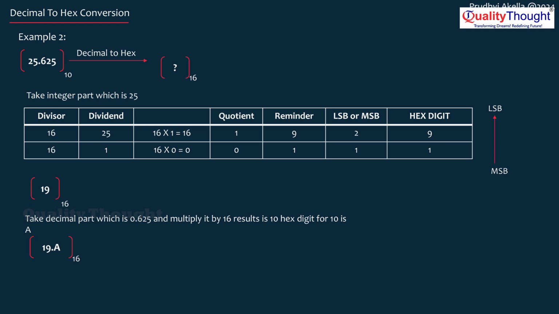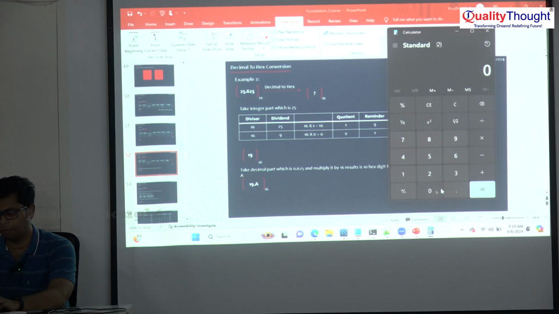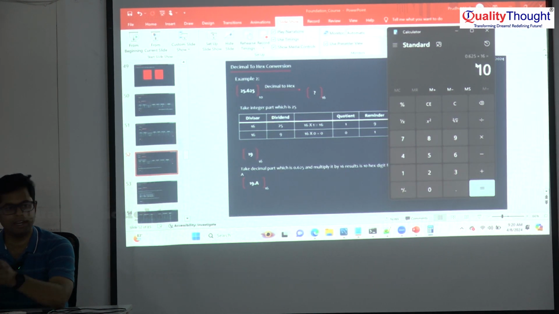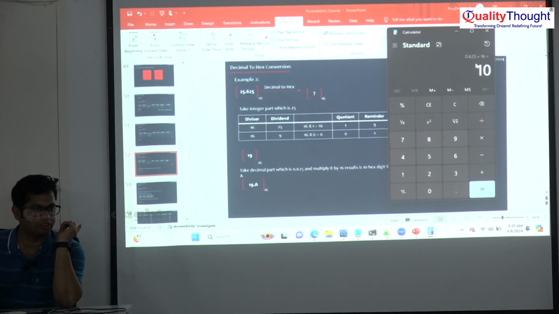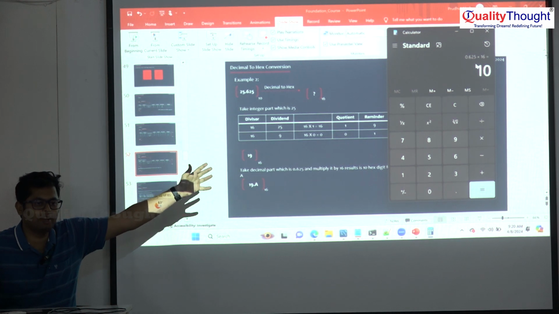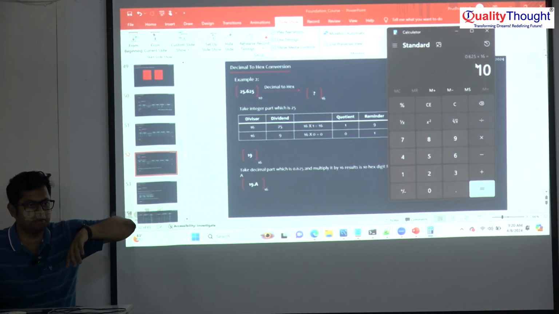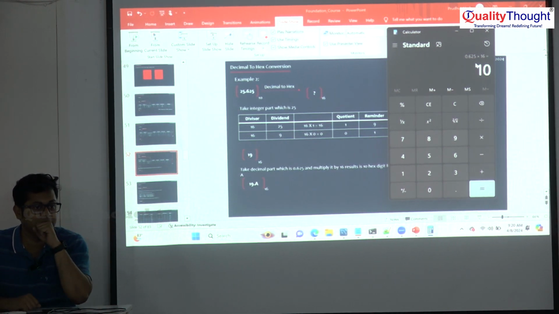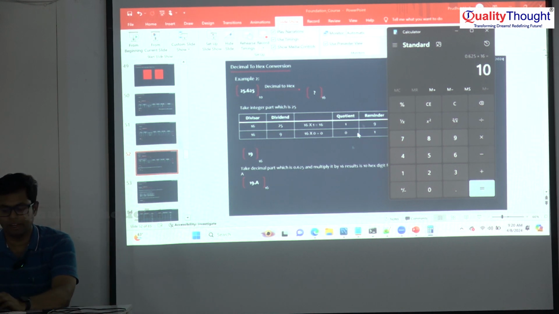So let's do this calculation. 0.625 into 16 is going to be 10. See this? Now what is the equivalent for 10 in the hexadecimal number system? It is A.